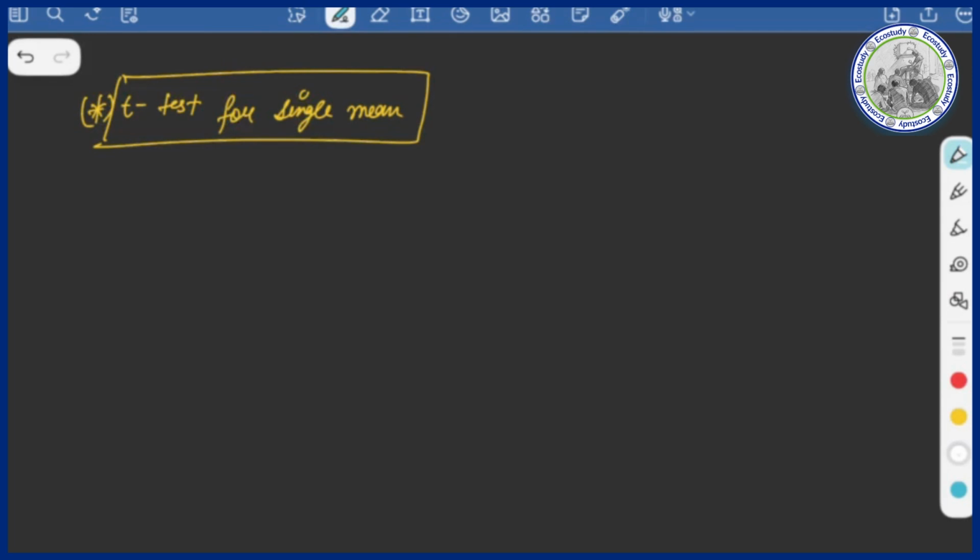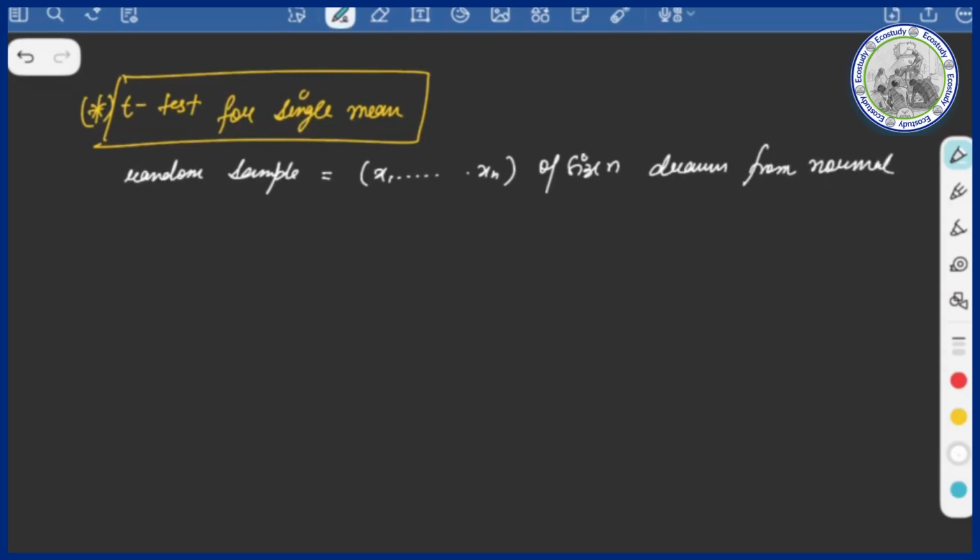Suppose you have a random sample x1 to xn of size n, drawn from a normal population with specific mean, say mu naught.